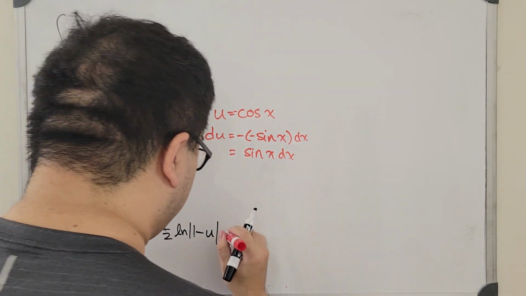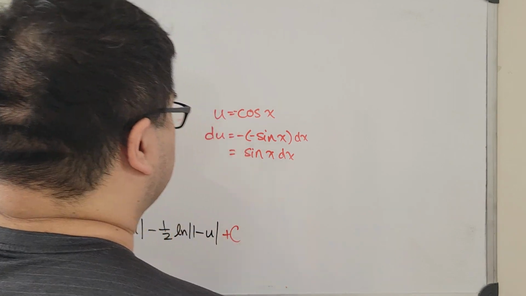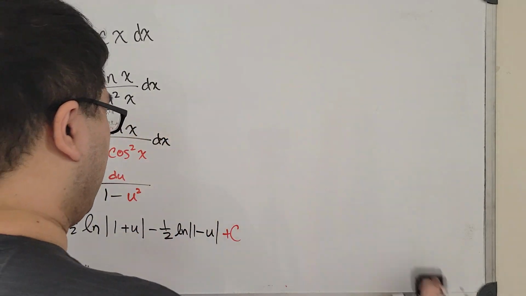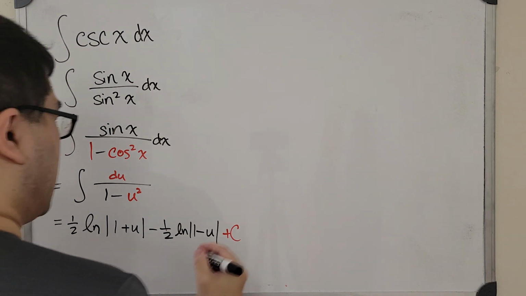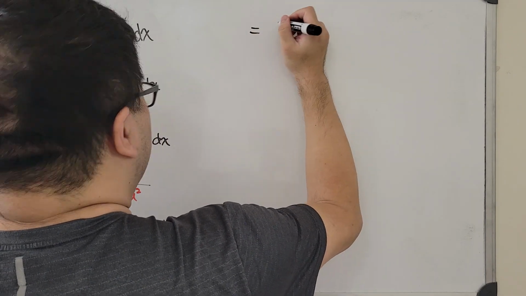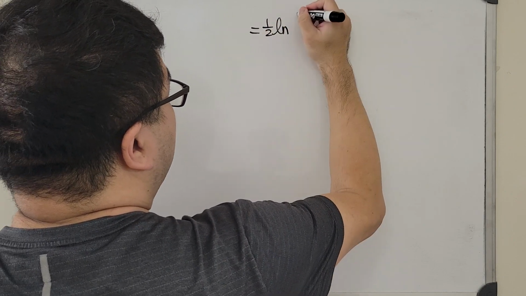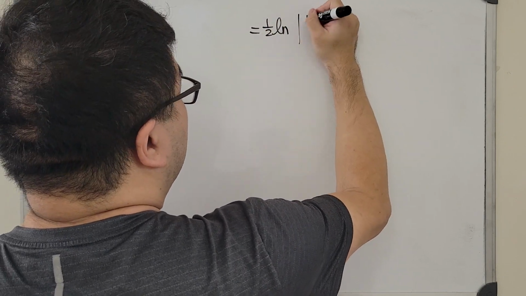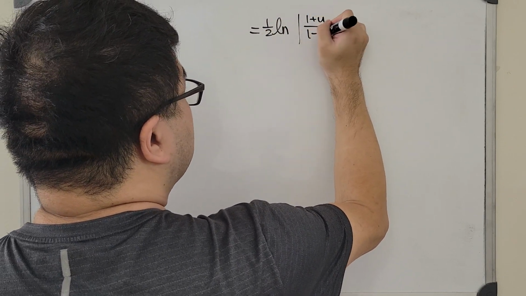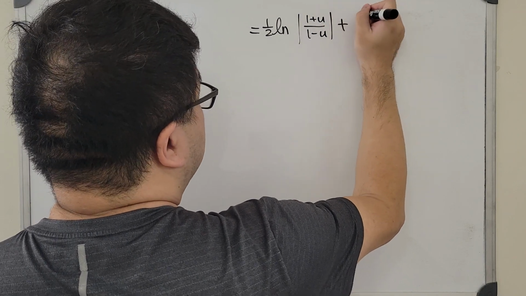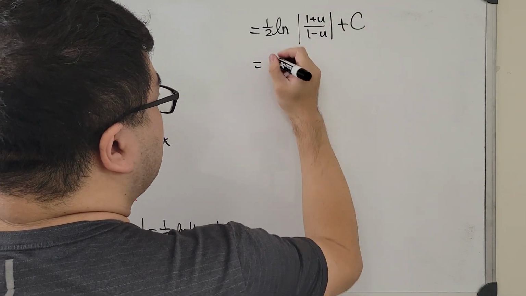And don't forget we still have a plus c here, because there is no more integral. Then, as we combine them back, we will actually get 1/2 of ln of 1 plus u over 1 minus u again, and then plus the constant c.